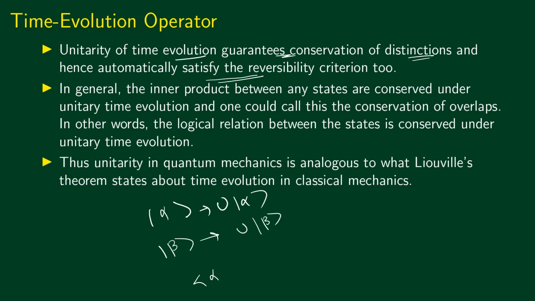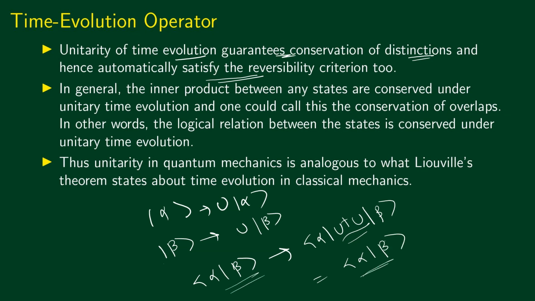This means that bracket alpha beta goes to bra alpha U dagger U ket beta. If U is unitary, this is equal to bracket alpha beta. So you see that the inner products are preserved under unitary time evolution. In general, the inner product between any states is conserved, and one could call this the conservation of overlaps.